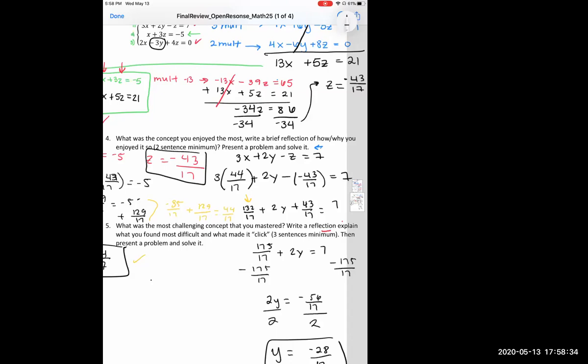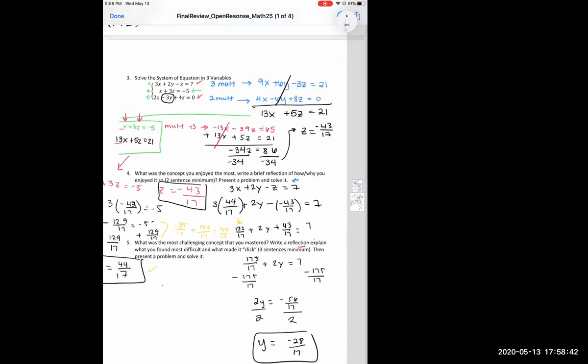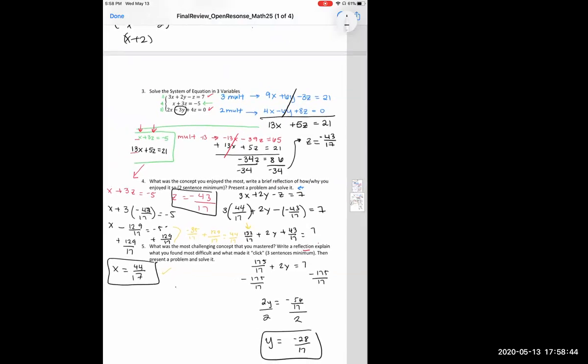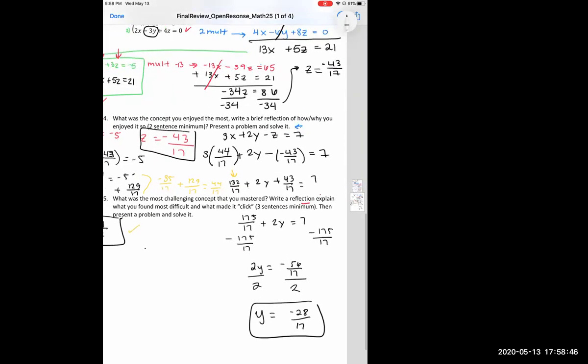I have a question. Over here, 2y equals negative 56 over 17, you divide the 2 to both sides. You only divide the 2 to the negative 56? Oh, so if you want to, you can go ahead and expand it. So remember, this is division, right?